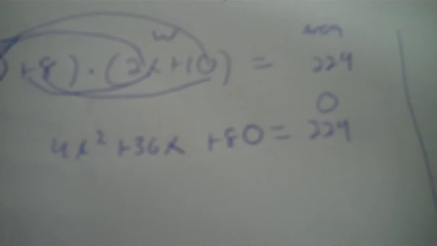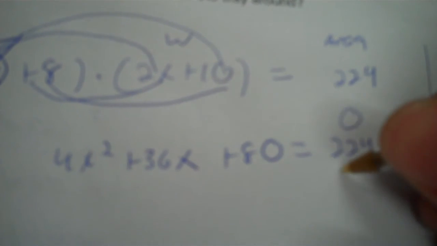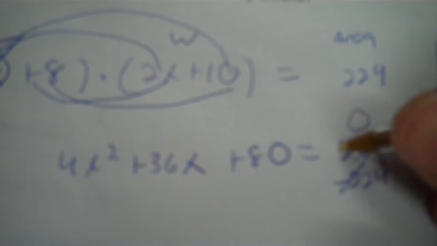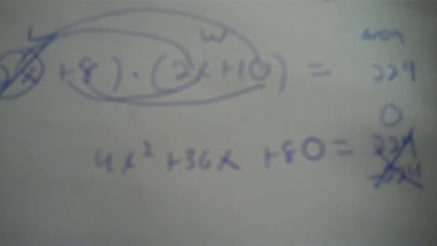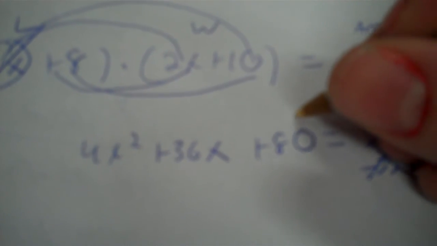This is the one problem where you haven't had the 0, so you can't check it. You have to minus 224, and you can put it under the 80. It's going to go with the 80, or you can hang it. It's up to you. So you have x second, x, constant equals 0. X second's 4, x is 36.